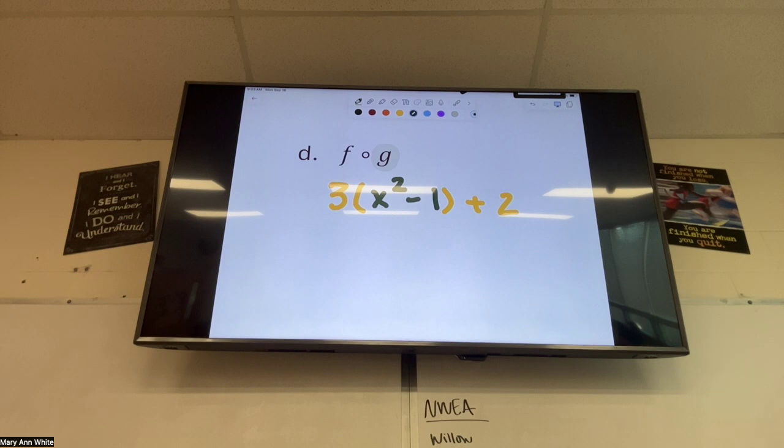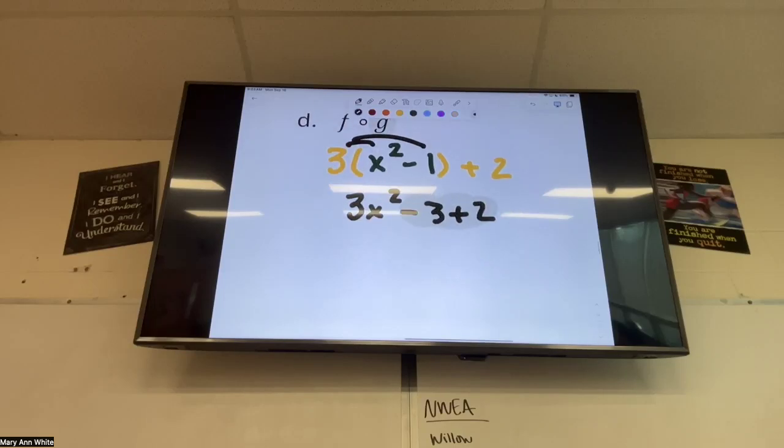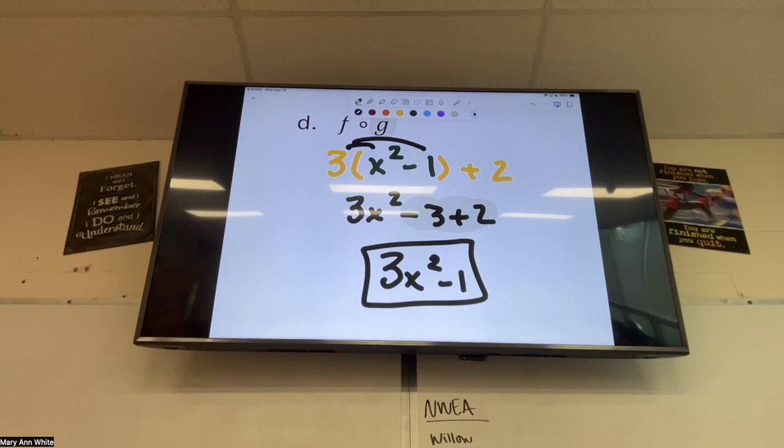Again, distribute, combine like terms. I get 3x squared minus 1.